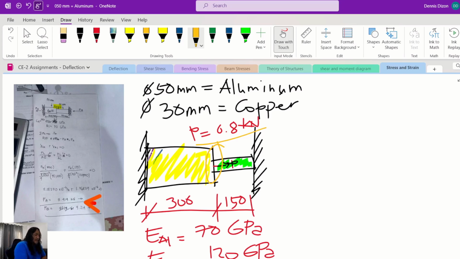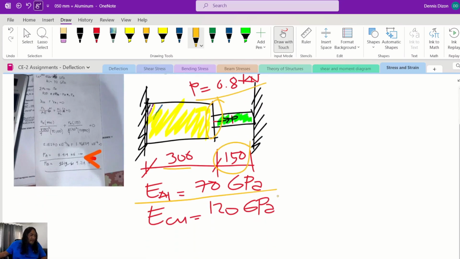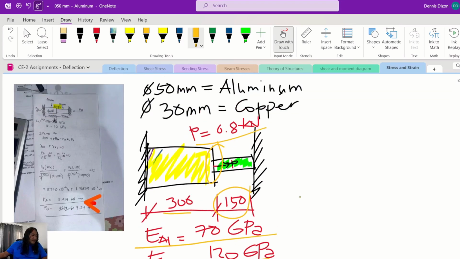And then the length of the aluminum is 300, and then copper is 150. Then modulus of elasticity of the aluminum is 70 gigapascal, and then the modulus of elasticity for copper is 120 gigapascal.